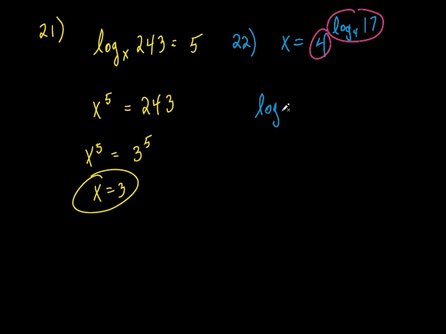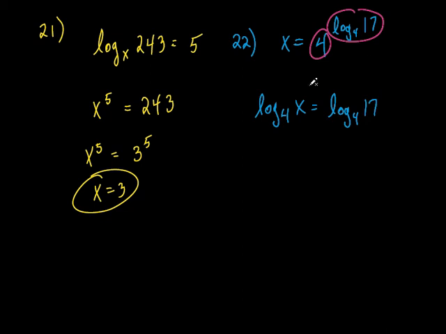What's my base here? 4 of what? I've already got my 4 there, so I've already used the 4. Log base 4 of what? Of x equals what? My exponent. Remember, my exponent is the one that's sitting there equal to the log. What's the exponent here? It's a log base 4 of 17, isn't it?